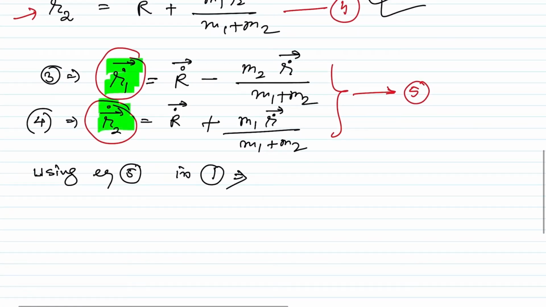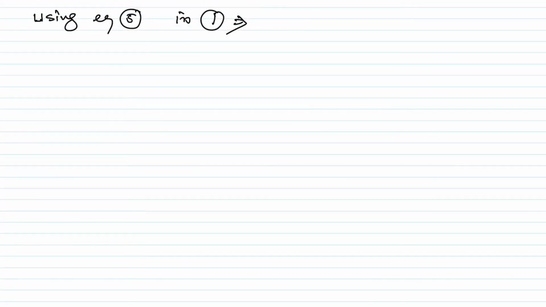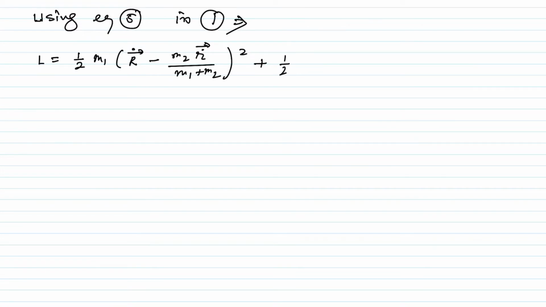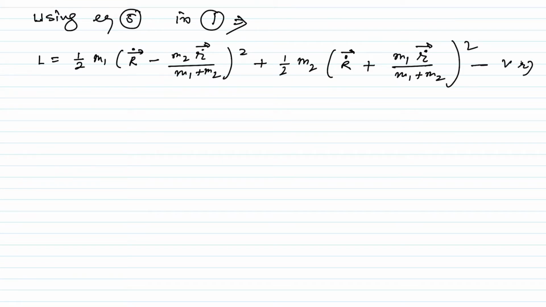Then using 5 in 1, we get the Lagrangian L equals half m1 into R dot vector minus m2 r dot vector by m1 plus m2, whole square, plus half m2 into capital R dot vector plus m1 r dot vector by m1 plus m2, whole square, minus the potential energy V(r). Okay, so that's what we have got.